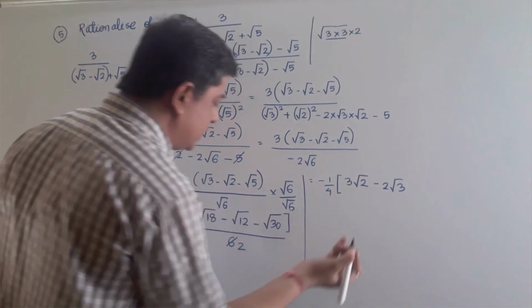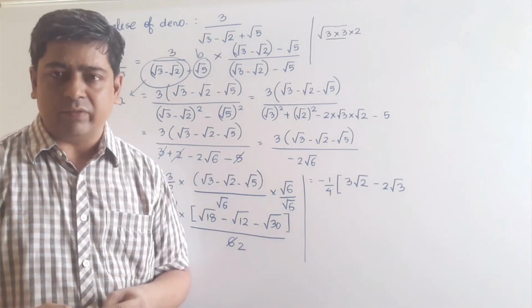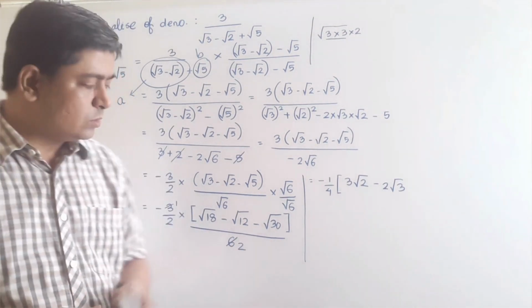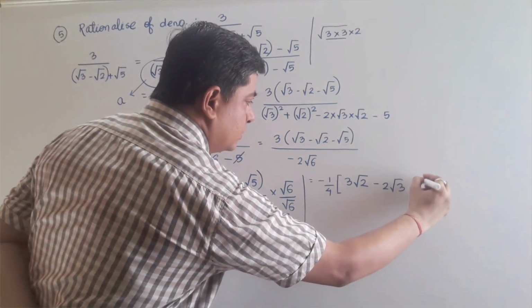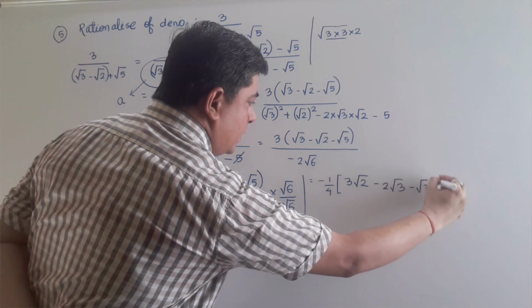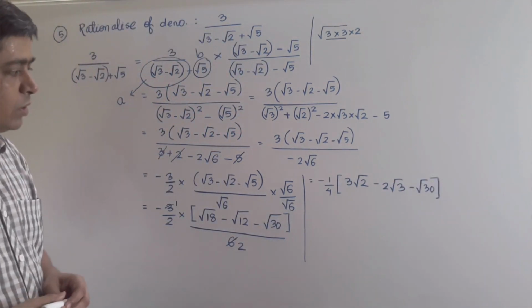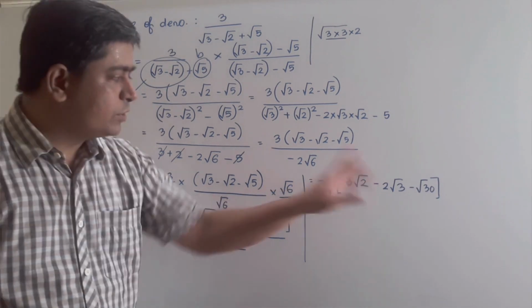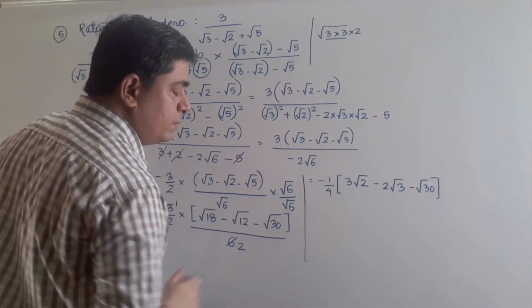And root of 30, if you simplify, it is 2 into 3 into 5. So no number is making a pair. So root of 30 I will copy as it is, minus under root of 30. I think this can be the final answer. Because if you wish to multiply the minus sign, then these two terms will become positive and this one will become negative.